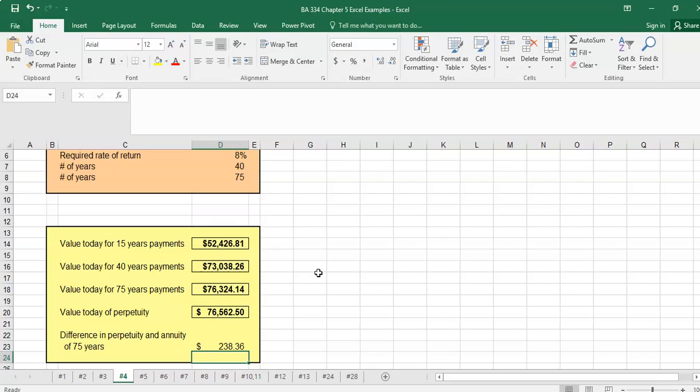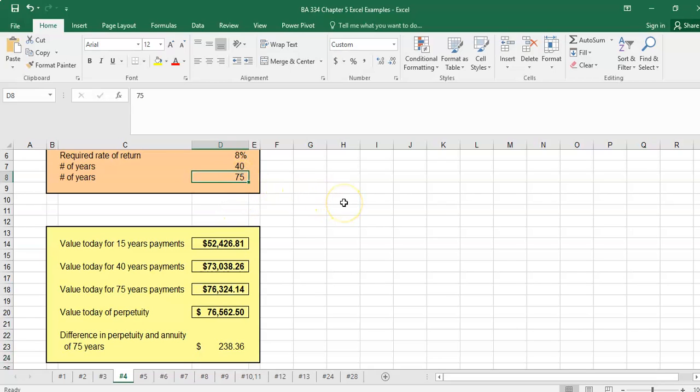So how long? Remember, the further out that we get, the less impact the present value change has. From 15 years to 40 years, we have a pretty significant change. Then you can see from 40 years to 75 years, we're only looking at just over a $3,000 change. Now, if you remember in class, we played around with this.